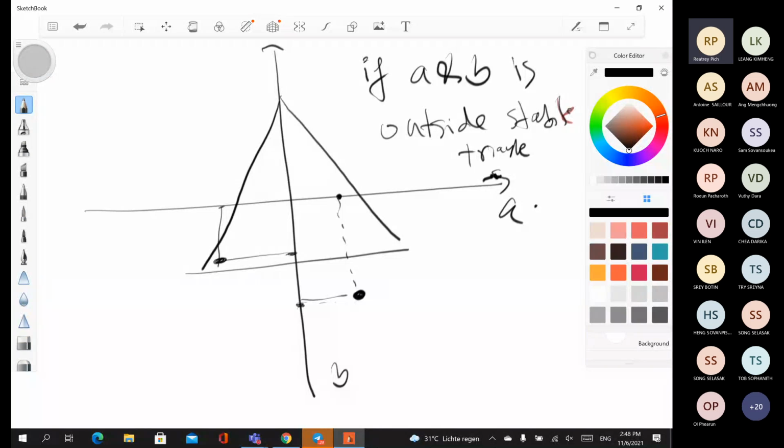You see, B is inside and A is outside, but our combination is still inside the stable triangle. The point of our system is outside the stable triangle, so it cannot be used. That is why you asked me whether the values from both sides can be used or not. I said that sometimes they can be used. For example, this is unstable.